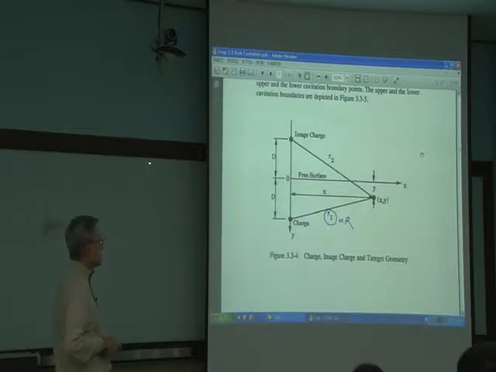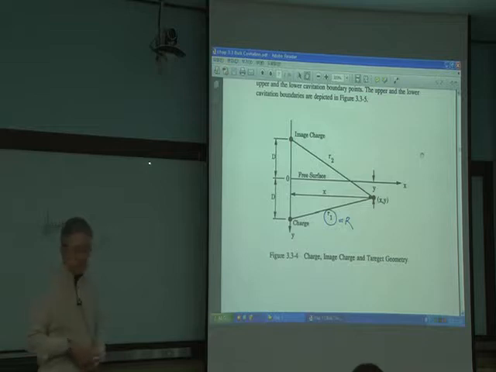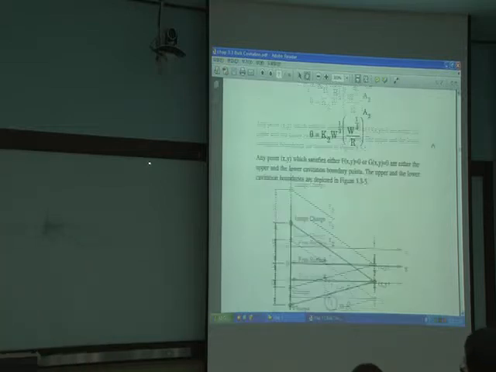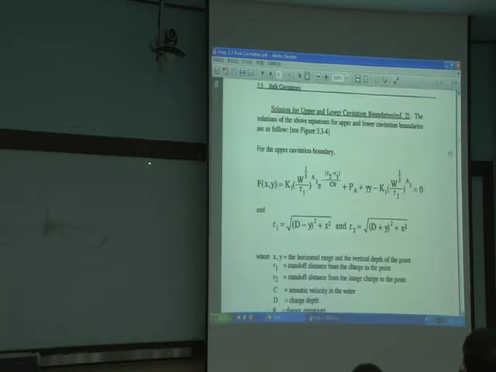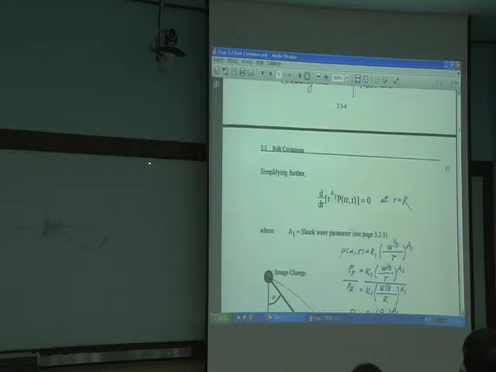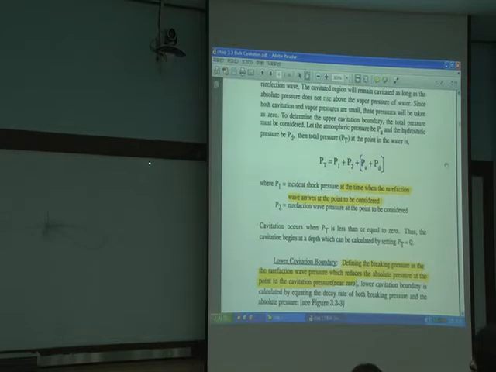Okay? So I use two different parameters, R1, or I use a capital R, which is really the same, okay, in the equation set. So R2, R1, or R, this is the XY point. This is the charge depth here. So the geometry is just like that. Then back to here.